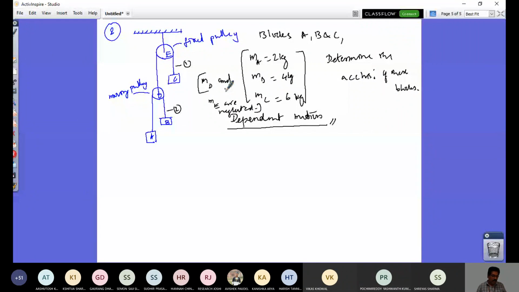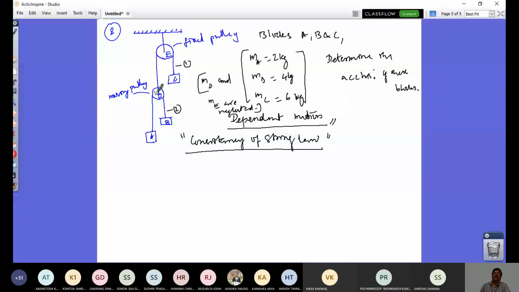Now, can you solve this problem? How you go about solving it is through something called the consistency of string law. That's very important. Whenever you have this type of connected block and pulley system connected by inextensible cables, the length of the cable will not change.